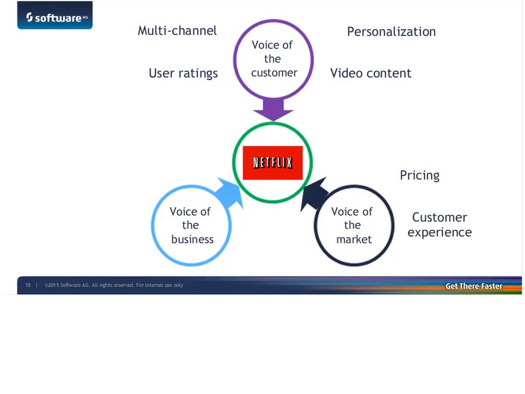The voice of the market, obviously Netflix has to have a look on the pricing of the competition. But also here are two things how to cope with different prices. So you could say, well, I got a higher price, which Netflix is having compared to some competitors, but the price is worth it because I got superior customer experience. I'll come to that a bit later, but also the superior content. And this is actually why Netflix started to produce their own TV shows, like House of Cards, because this content cannot be provided to their customers by any other competitor.